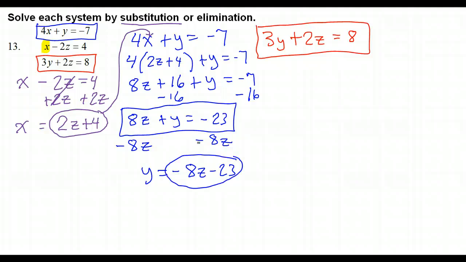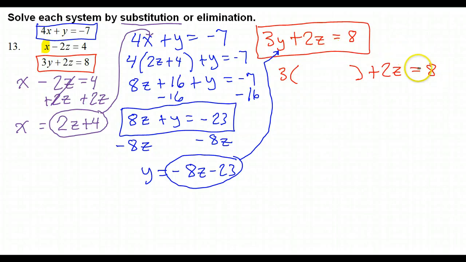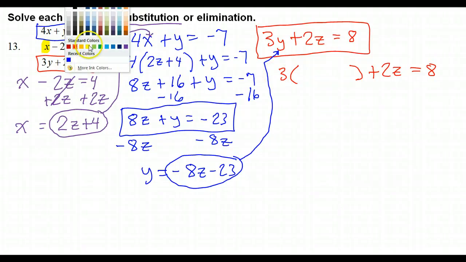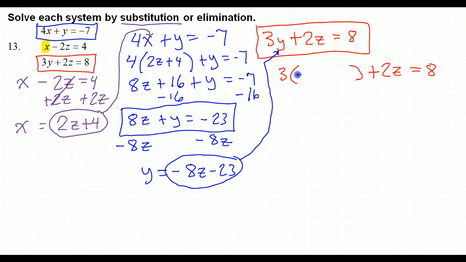So I can take all of this and substitute it into the red equation for y. So if I do that, I'm going to have 3 times parentheses plus 2z equals 8. I just recopied it without the parentheses. Now in the parentheses, of course, I'm going to go ahead and put my negative 8z minus 23.